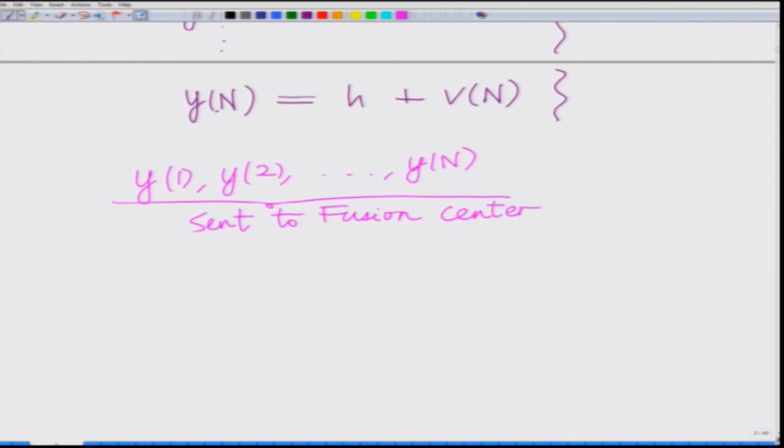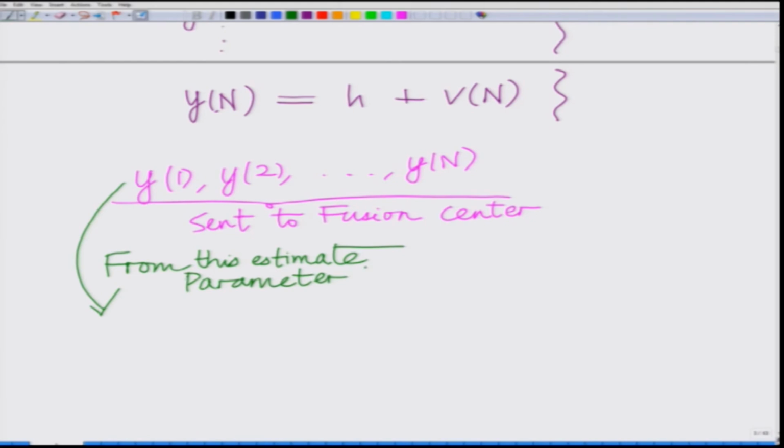And from this we have to estimate the parameter h. This process of estimation of the parameter h from these measurements is termed parameter estimation.